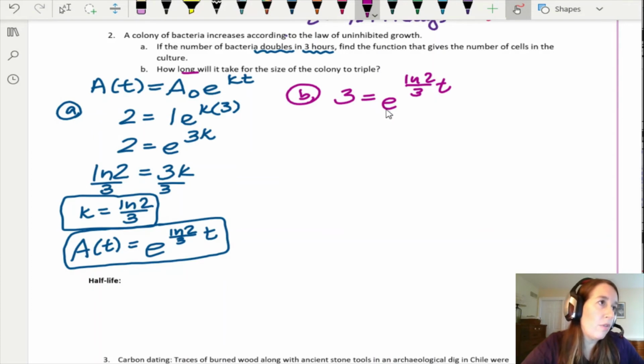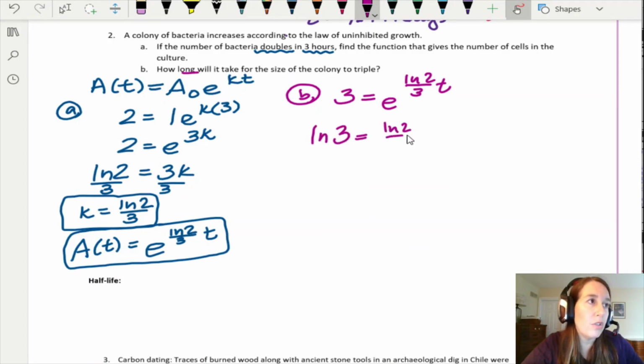Okay, so the e is isolated, so we can change this into log form. So that's natural log of 3 is equal to natural log of 2 over 3 times t. Don't be afraid, there's 2 natural logs. Those are literally just numbers, right? Our calculator is going to tell us what decimal they are. They're just numbers though.